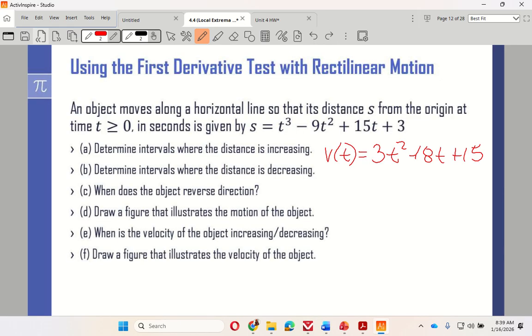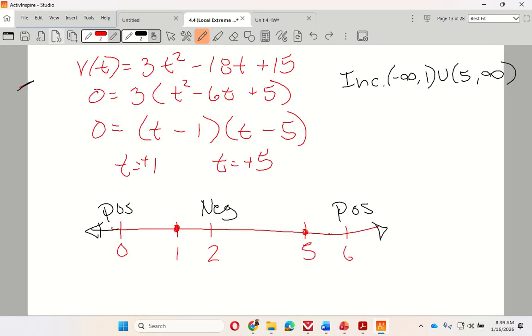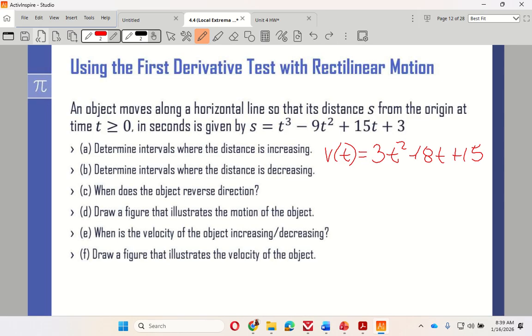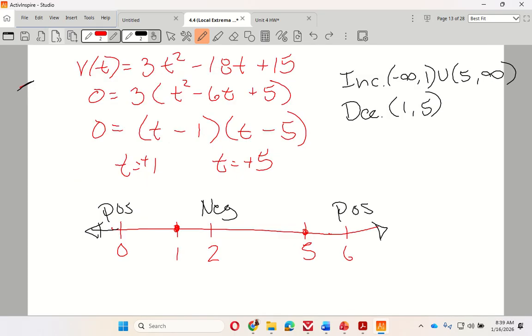Determine intervals where it is decreasing. There will be just 1 to 5. Yep. When does the object reverse direction? x equals 1.